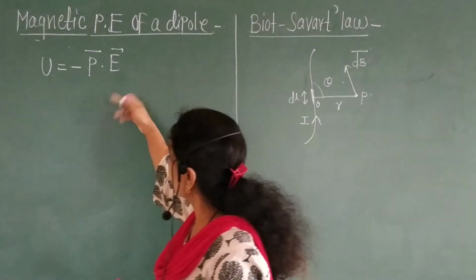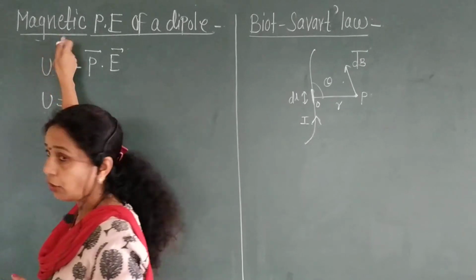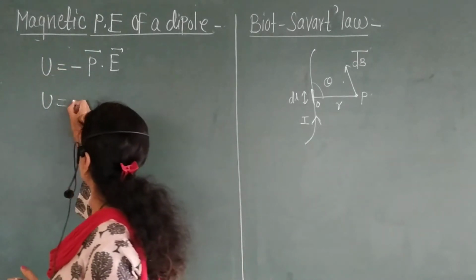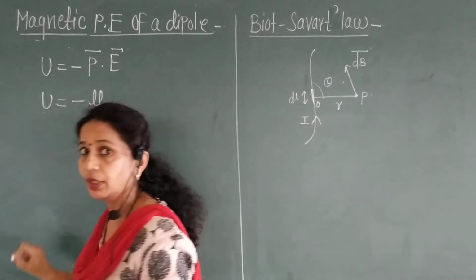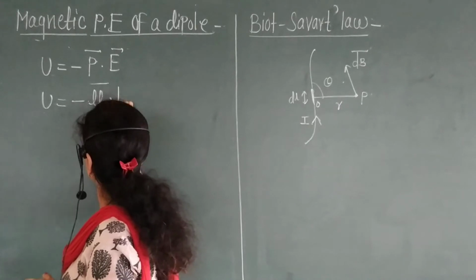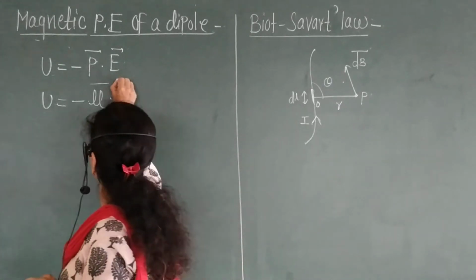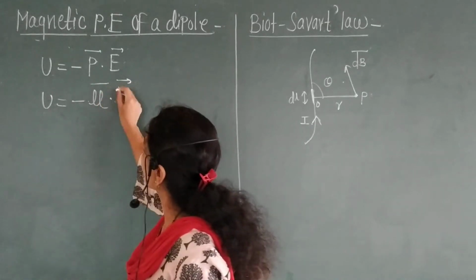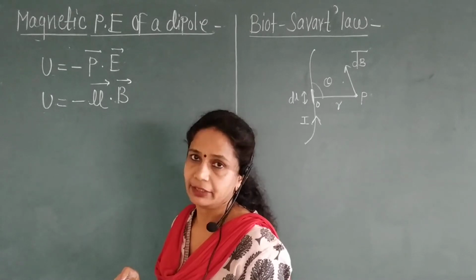Analogously, we can write U, the magnetic potential energy, is equal to minus, where P is replaced by mu, the magnetic dipole moment, and the electric field is replaced by the magnetic field, therefore mu vector dot B vector.